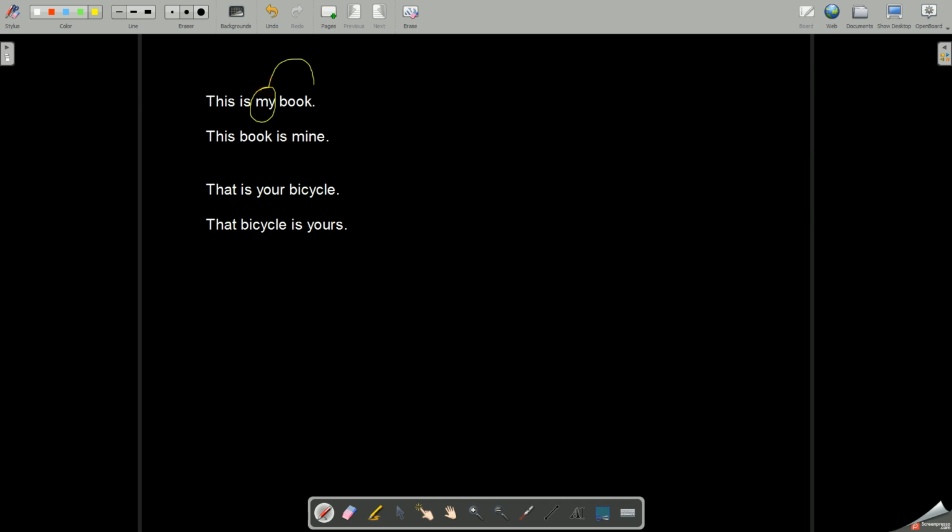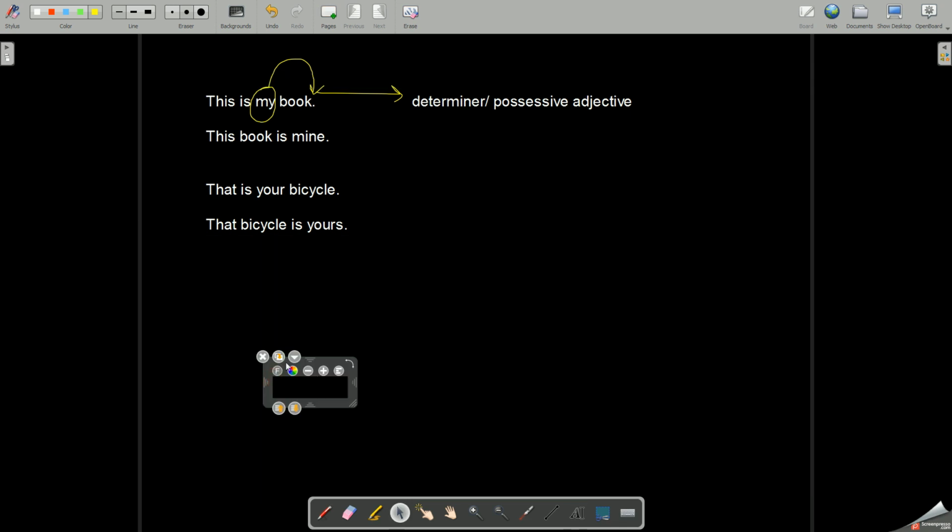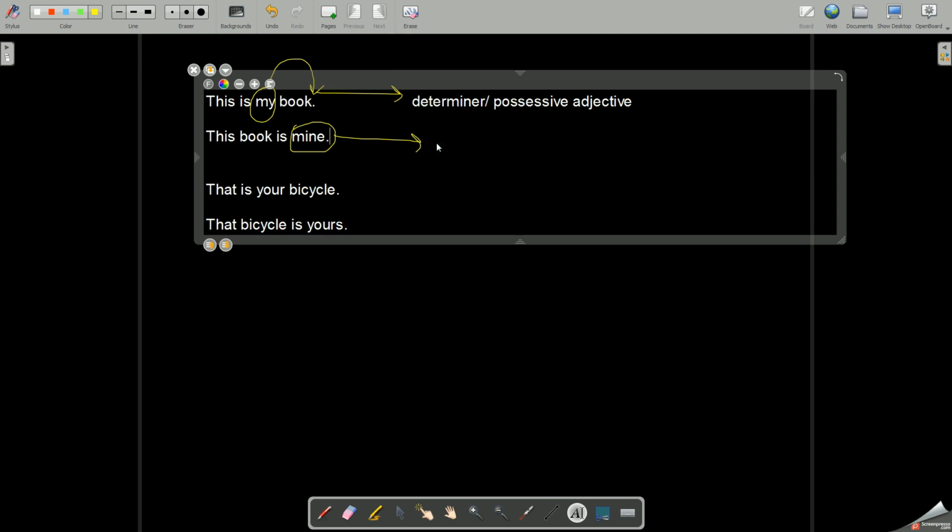When I say this, over here we can see this is my book, so I say my. So this my is actually working as a determiner, or we can also say possessive adjective. Whereas when we talk about the second statement over here, this book is mine, so here mine represents a possessive pronoun.